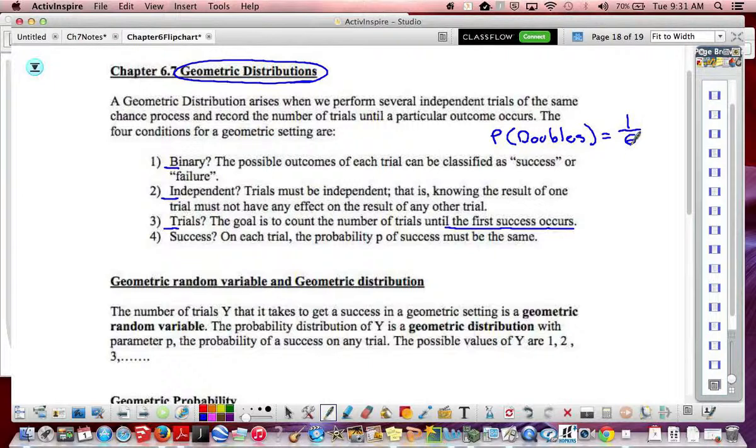So with the geometric, you can roll for a very long time. Probability of success, the last one, is exactly the same. For our acronym here, it just changes from bins to bits. So understanding that a geometric, you keep on going until you get that first success.